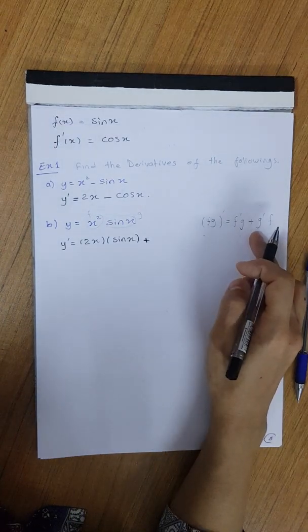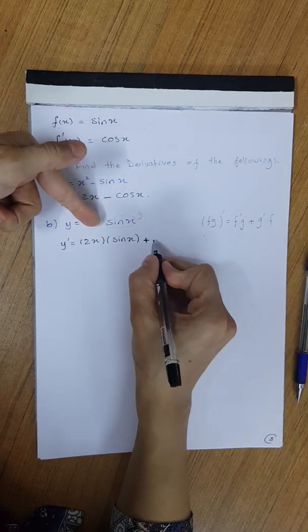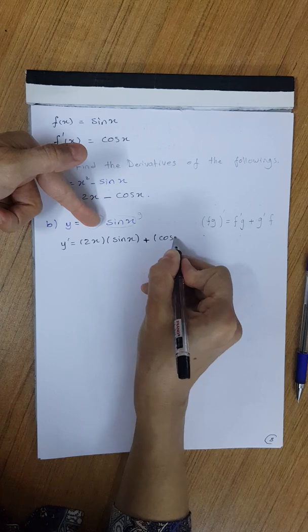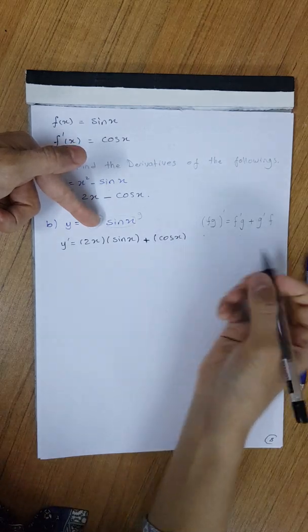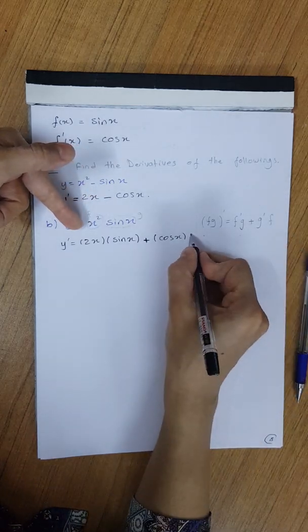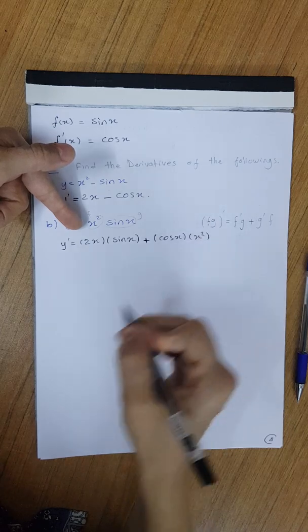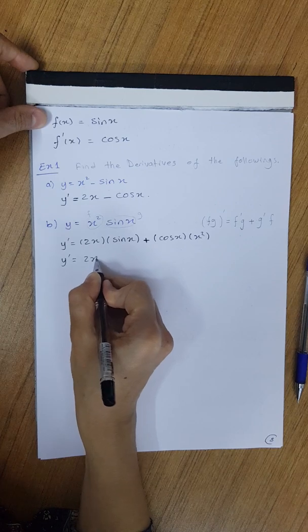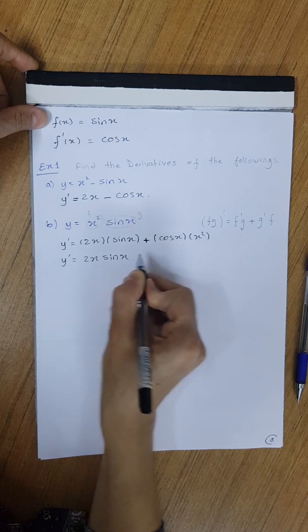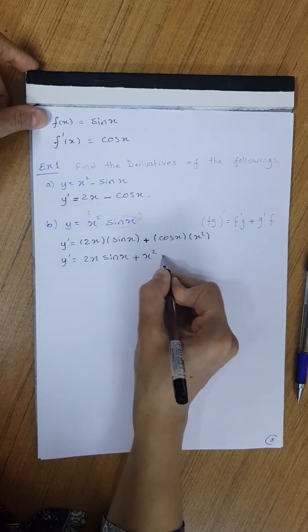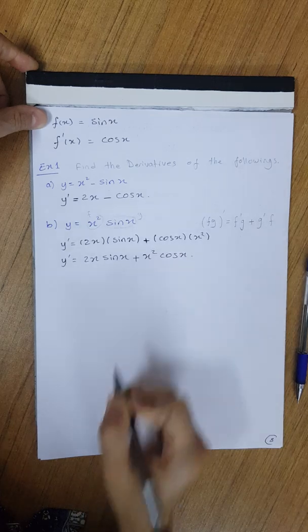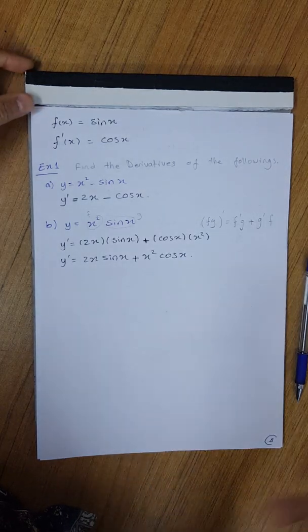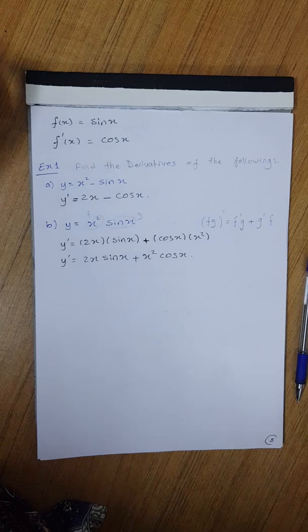The derivative of g, the derivative of sine, is cosine of x multiplied with f without any change, so that one is x squared. Rearranging that, y prime is equal to 2x sine of x plus x squared cosine of x. And that's the derivative of that given function.